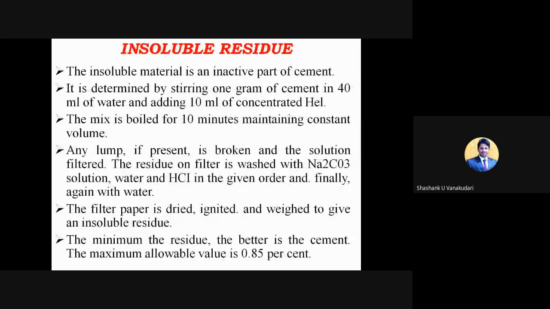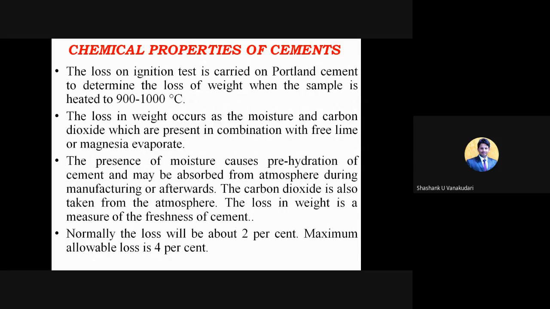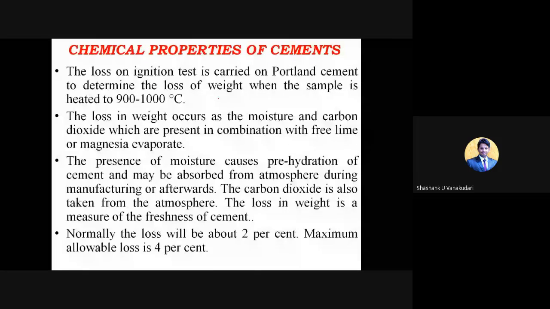So this is the last property, among the chemical properties of cement: the loss on ignition test, which is carried out on Portland cement. It determines the loss of weight when the sample is heated from 900 degrees Celsius to 1000 degrees Celsius. Basically this part comes in the manufacturing process. Clear?